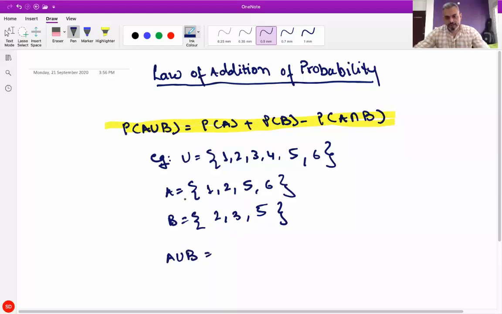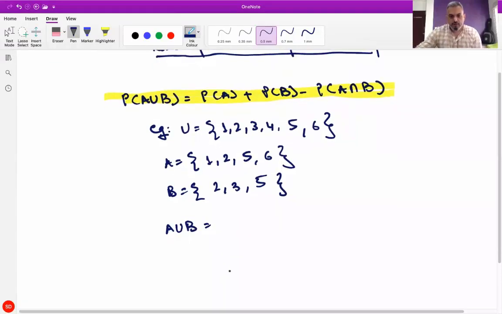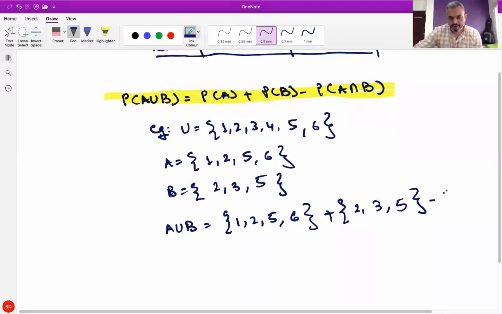A union B will be elements of A, that is 1, 2, 5, 6, plus elements of B, that is 2, 3, 5, minus A intersection B. So what is A intersection B? What is common in both? 2 and 5. So 2, 5.